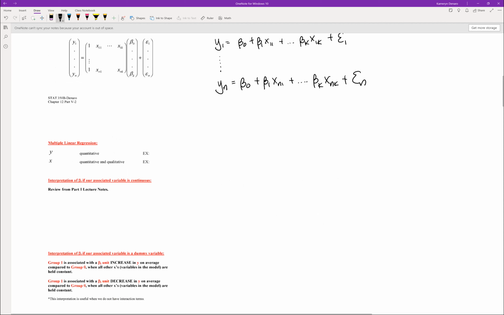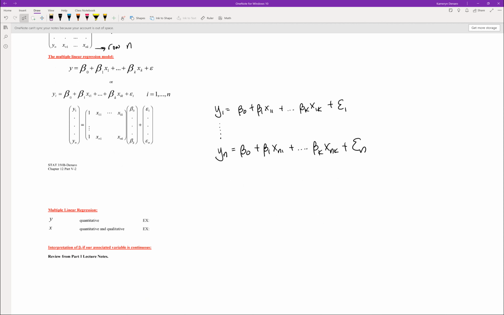So this is our linear regression model. Remember that for multiple linear regression, the y value, the response variable, is quantitative. The x values can be a mixture of quantitative and qualitative variables. For example, the y value could be the forced expiratory volume in 1 second that you breathe out. It could be the time to finish a race. It could be salary. There are so many examples. Quantitative variables are continuous variables.